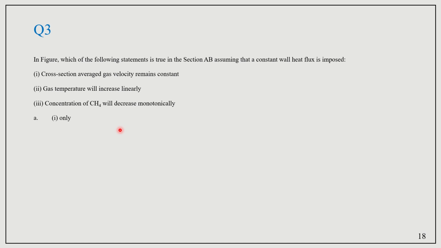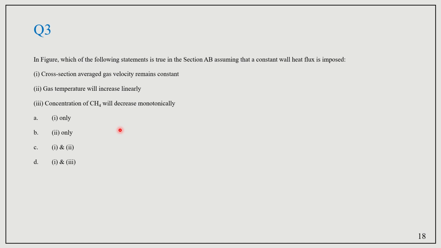Option A, 1 only; option B, 2 only; option C, 1 and 2; option D, 1 and 3. As I mentioned, only the second statement is right, that is, gas temperature will increase linearly. That is the only correct statement. Why will gas temperature increase linearly?